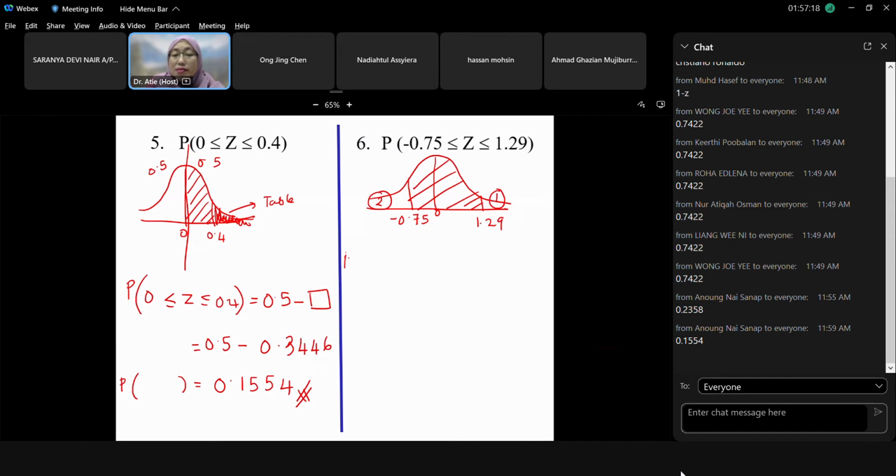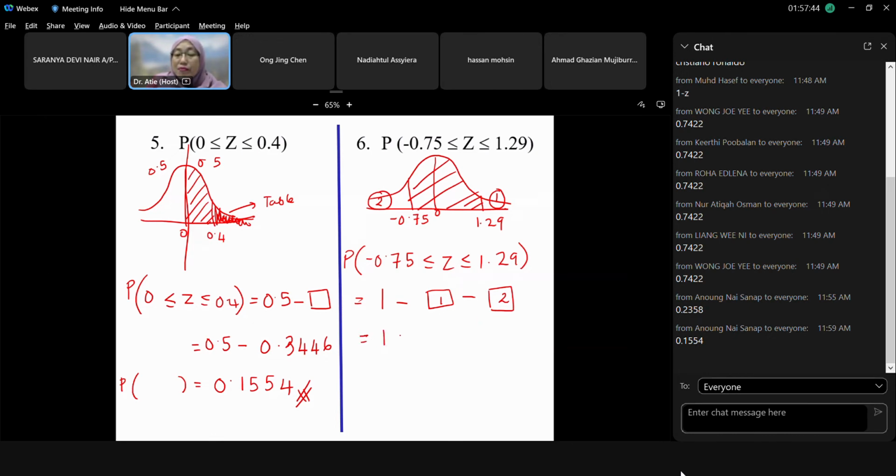What we need to do is 1 minus the area of the first one, 1.29, minus the area of the second one from the table. Then we can get the answer for the probability that we are looking for.